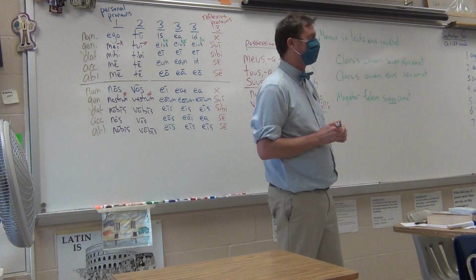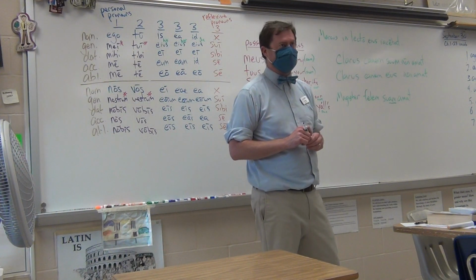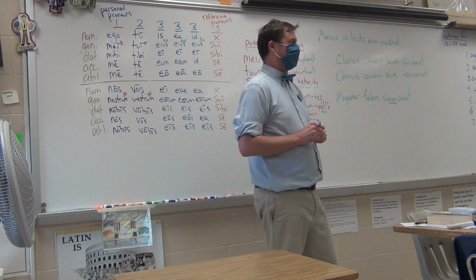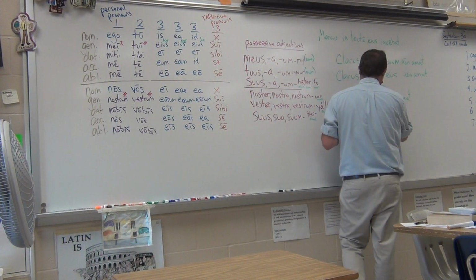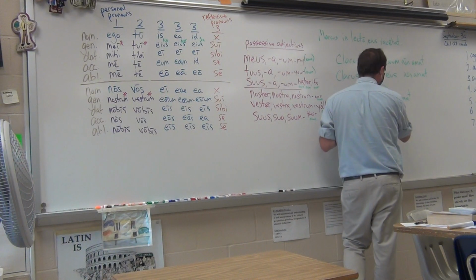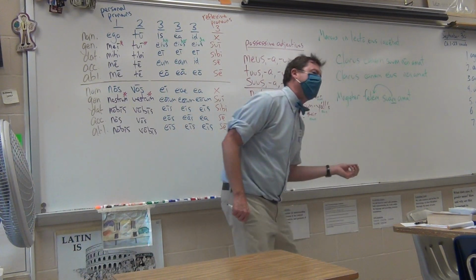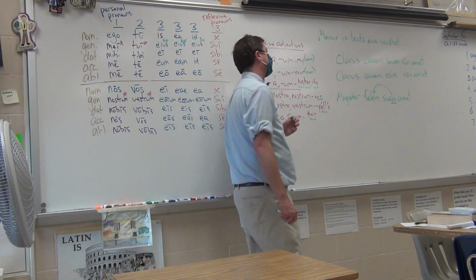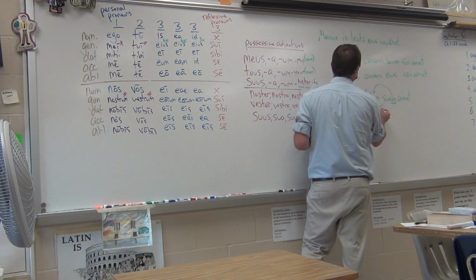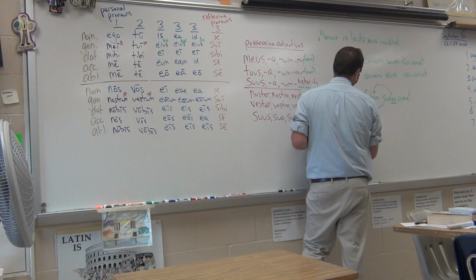The cat's name? Because my cat's name was Maggie. Maggie the cat from Cat on a Hot Tin Roof by Tennessee Williams. But you see, it's feminine because of what it's modifying. But why do we translate it as his own cat? Because it's referring to whom? The teacher is exactly right.